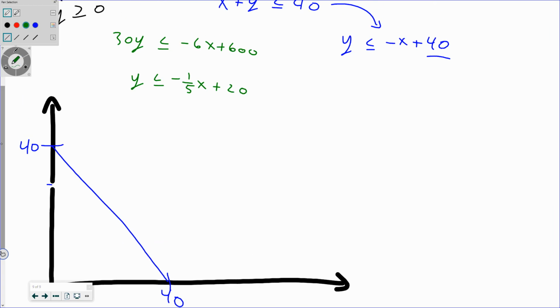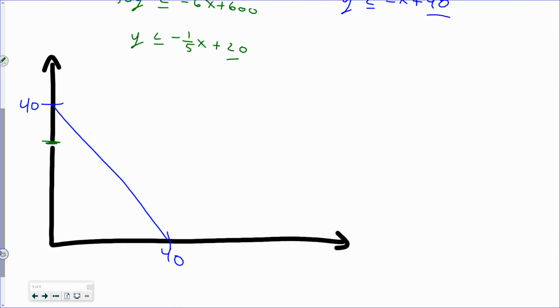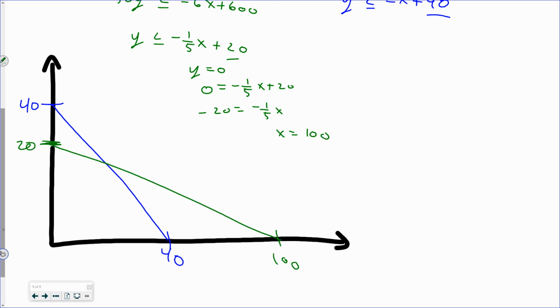And then for the green one, well, the y-intercept is 20, so I can put that just right here. Why not? And now for the x-intercept, that happens when y is 0. So you have 0 is negative 1/5 x plus 20, or negative 20 is negative 1/5 x, or x is 100. So we'll do that.